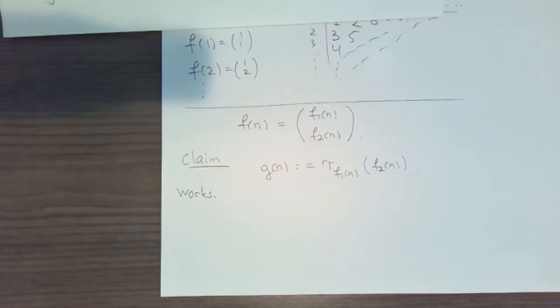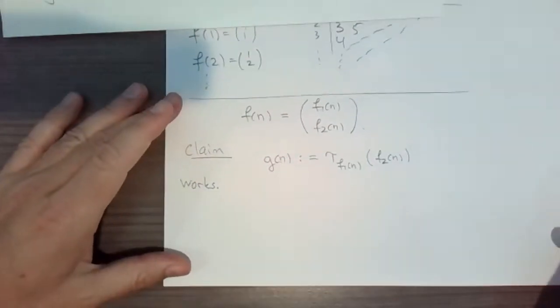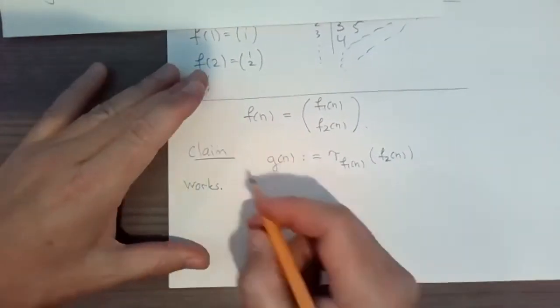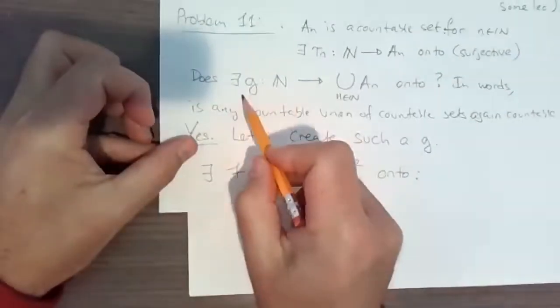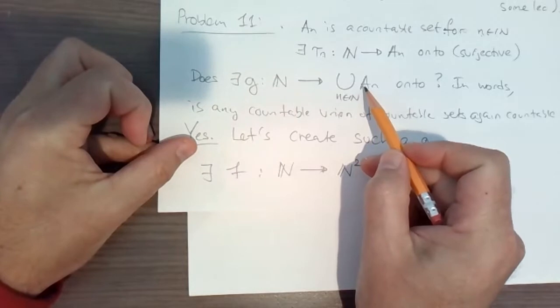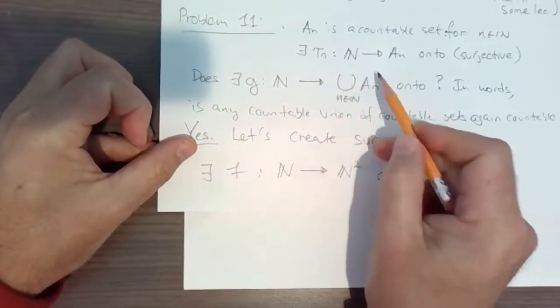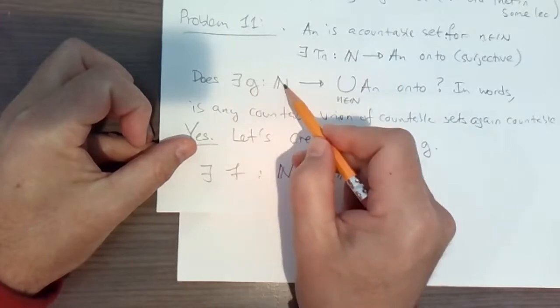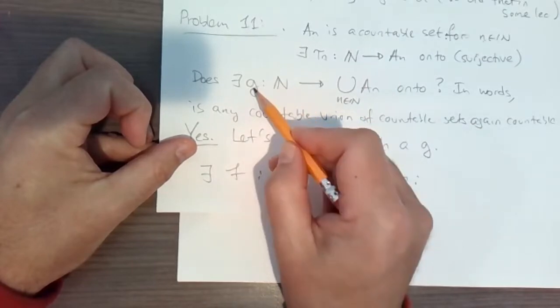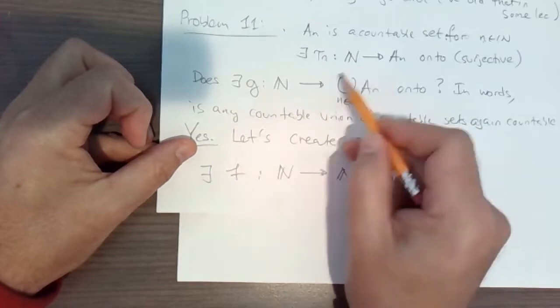Why would we see that? Well, we have to prove that it's onto. That means if you give me anything over here, I can find a natural number such that when I put it into the function, I get that anything.